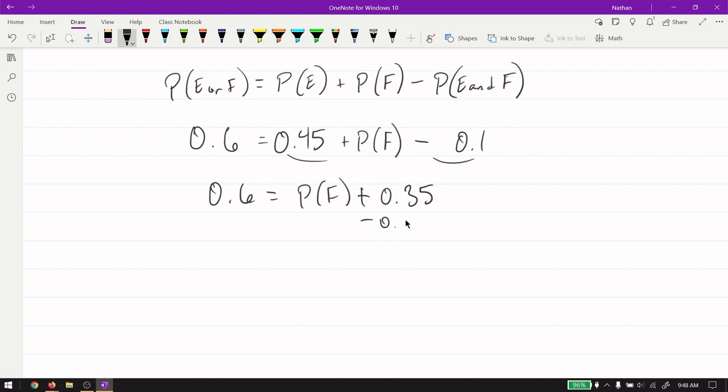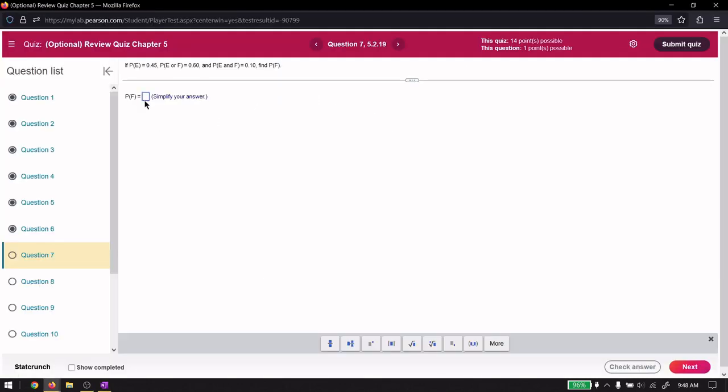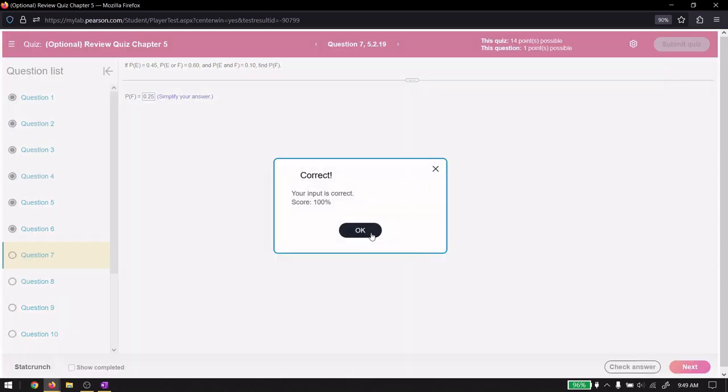Now I can subtract that over. Minus 0.35. I get 0.25, the probability of F. Okay, let's check that. And that's correct.